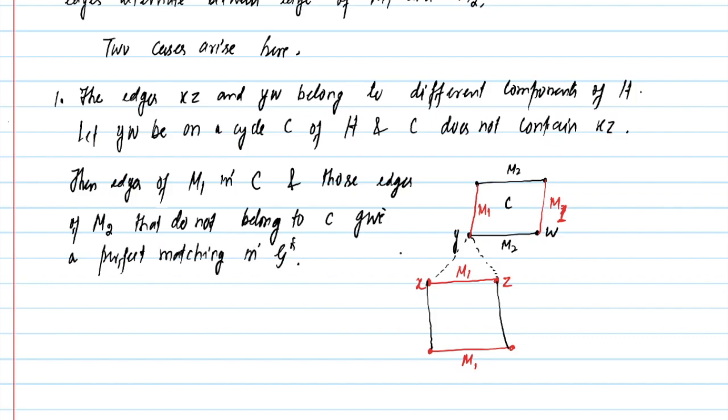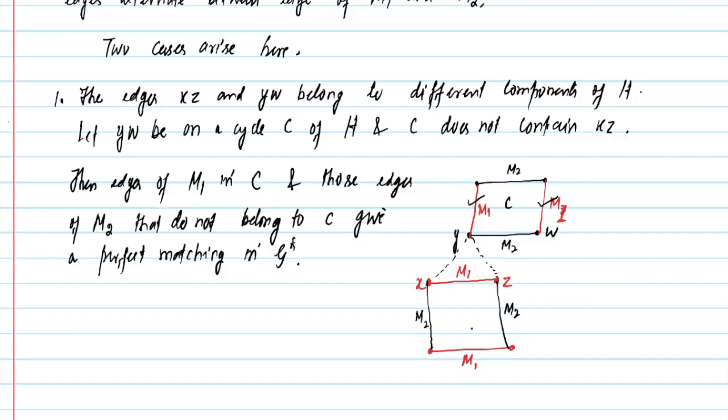So in this situation, when we have a cycle C that contains the edge yw but does not contain the edge xz, from this construction we can build a matching by picking up those edges of M1, suppose the red edges here, and those edges of M2, the black edges, which do not belong to the cycle C.